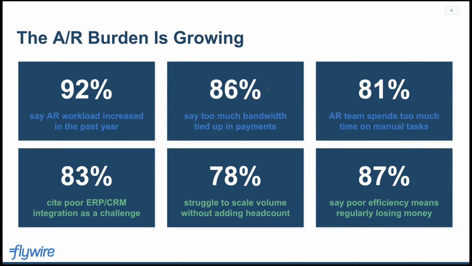What does that mean? Basically, people say, I don't know how to pay you, or I'm just going to send you a check. The check takes forever to get there. We're talking about cash flow. There's just a lot of issues that come from that process. So reducing payment friction is going to be very critical for organizations as we continue to digitize and move into this new working environment.